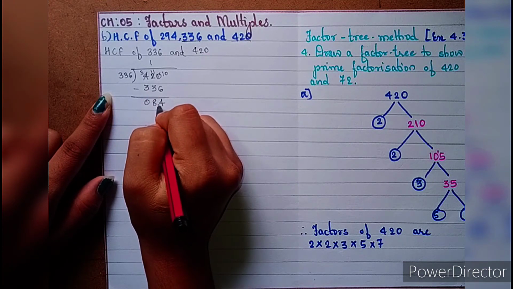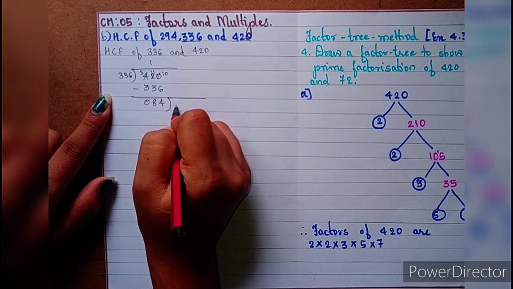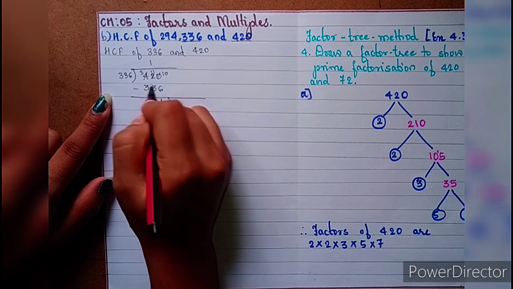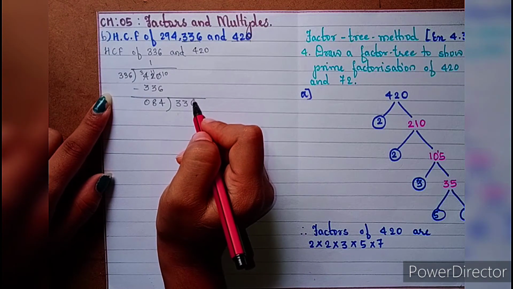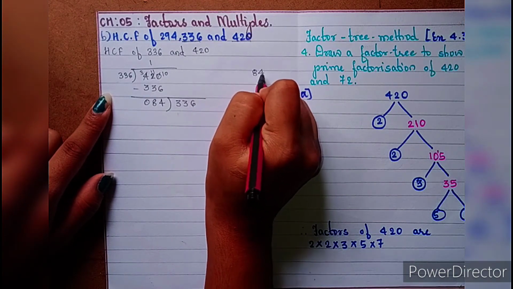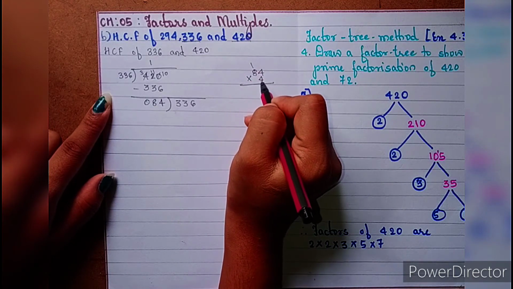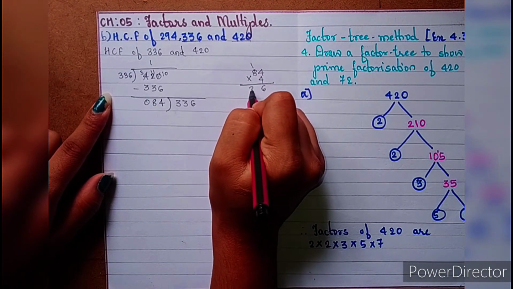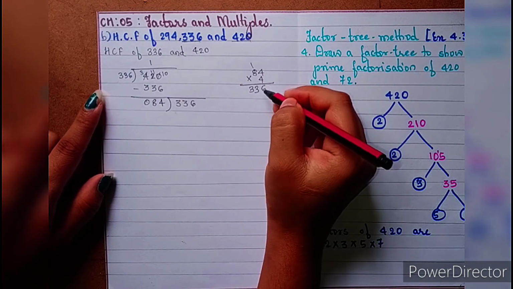Now this remainder will be divisor, okay, and this divisor will become dividend. Thus write this number 336. So now when I multiply, just see 84 by 4. 4 4s are 16, 8 4s are 32 plus 1, 33. I will get the number 336, means 84 4s are 336.